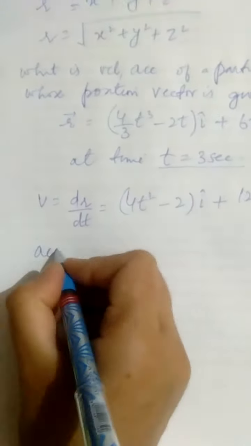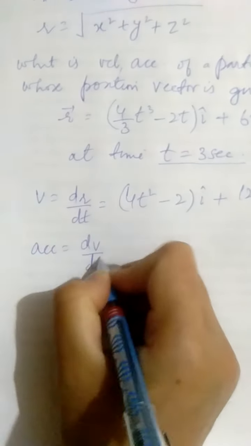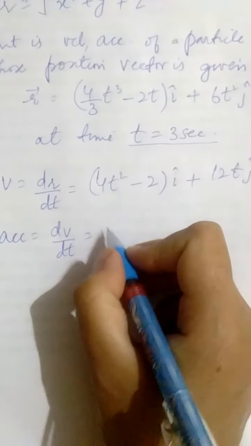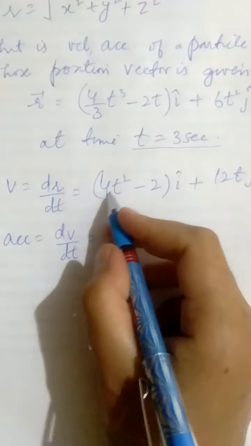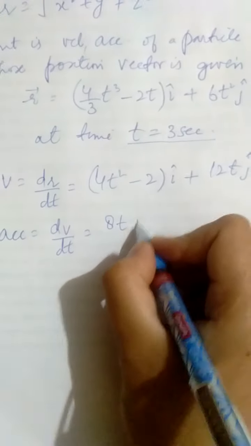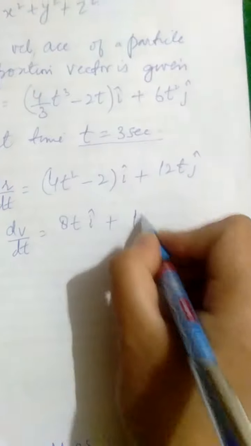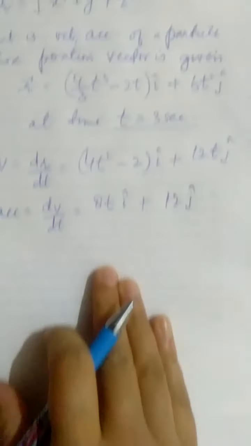Now what is acceleration? It is dv by dt, right? So what is that? Again, you are going to differentiate it. It is 8t. This will not survive. 8t i only, plus this will be 12 only, 12 j.